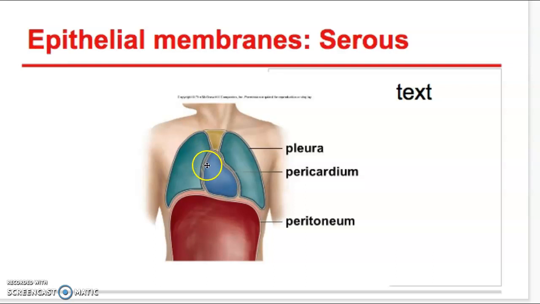We have the pericardial membrane, and then the abdominal pelvic cavity is surrounded by peritoneum. So we have the visceral peritoneum, the outer layer of the majority of our digestive organs, such as the liver, the stomach, the small intestine, and large intestine. And then the layer that lines the cavity, which is the parietal layer.